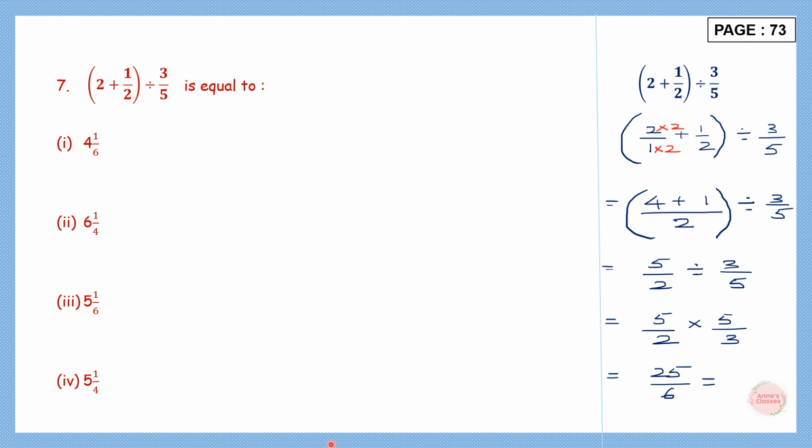We say the tables of 6 and get a number close to 25. 6 4s are 24. What is left? 1 to make it 25. So what is remaining is 1, and we put the denominator. So 4, 1 by 6 is our answer. Let's look at the options. The first option itself is 4, 1 by 6. So option 1 is our answer.